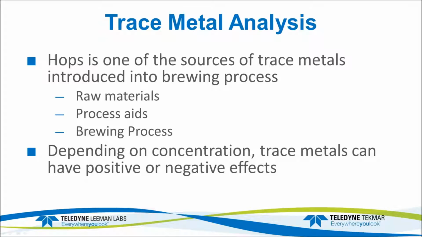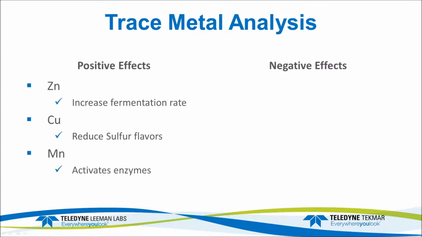And depending on the concentration, trace metals can have positive and negative effects. There are some trace metals that you want to be in the process, and there are some that you don't want. And even some that are beneficial can be problematic at higher concentrations. So, for example, elements like zinc have positive effects. They increase fermentation rate. Copper can reduce sulfur flavors by oxidizing sulfides.